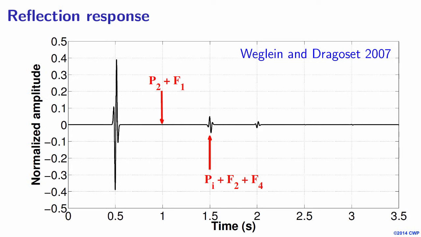This idea was taken from Weglein and Dragoset's Geophysics reprint series on multiple attenuation. What we see here is that the second primary cancels with the first free surface multiple. And at later times, at 0.5 intervals, there's destructive interference between the free surface multiples and internal multiples.